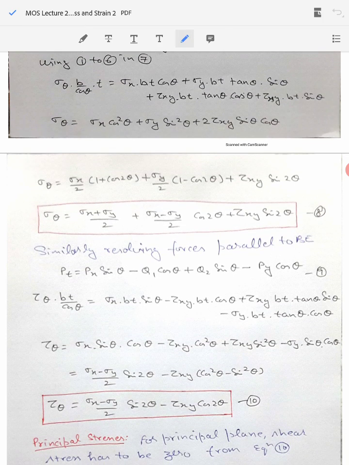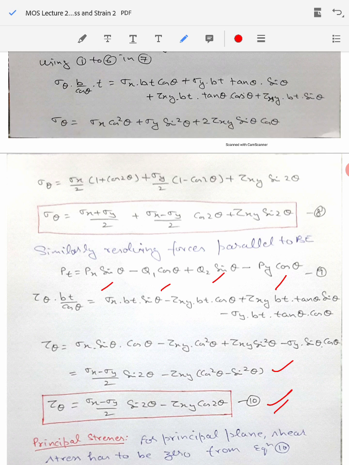In equation 9, you can see that Px and Q2 are coming with the sin theta component, and Q1 and Py are coming with the cos theta component with a negative sign preceding them. Again, we will substitute from equations 1 to 6 the values of Px, Q1, Q2, Py and Pt in equation 9, and finally after simplification you will get this expression of tau theta as sigma x minus sigma y by 2 sin 2 theta minus tau xy times cos square theta minus sin square theta, which we express in terms of cos 2 theta, as equation 10.